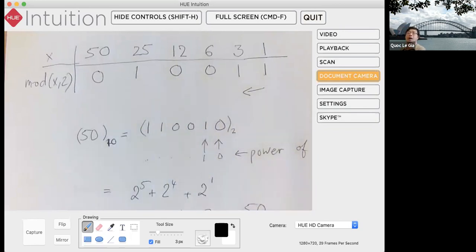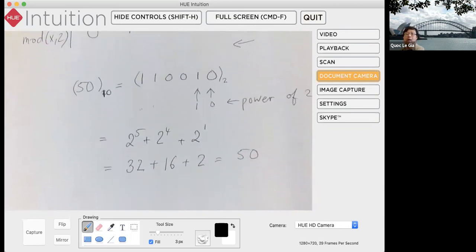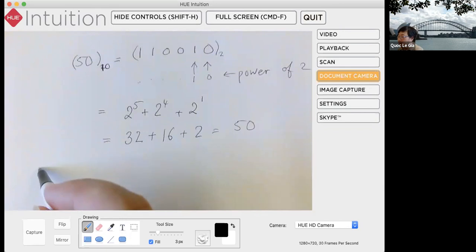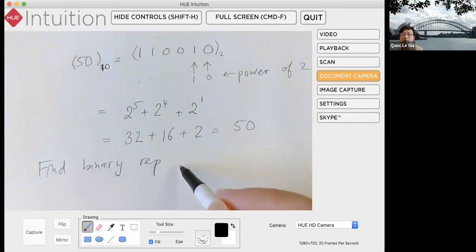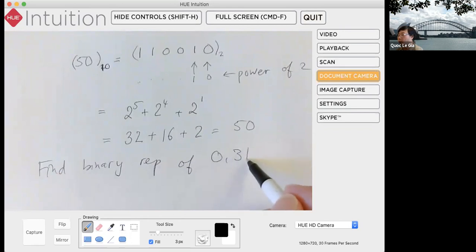Now, what happens if you have a number smaller than 1? The second example: how do I find the binary representation of, say, 0.3125?